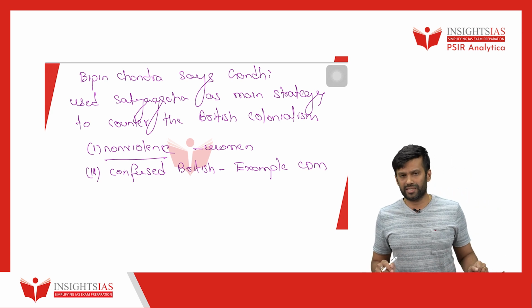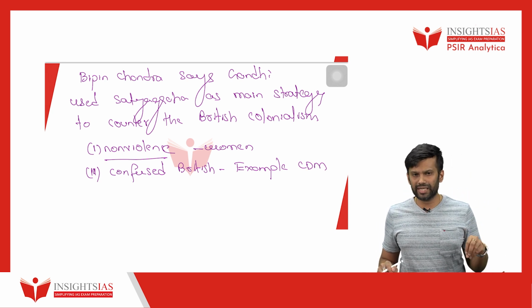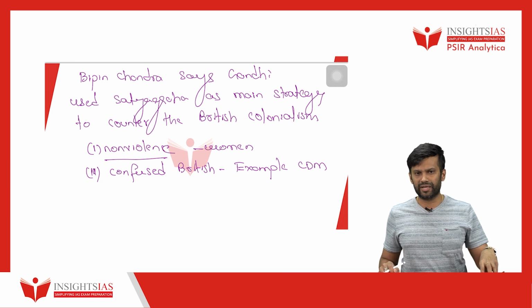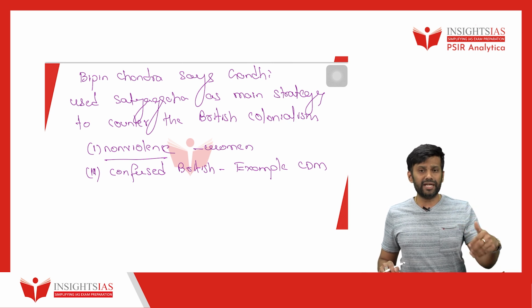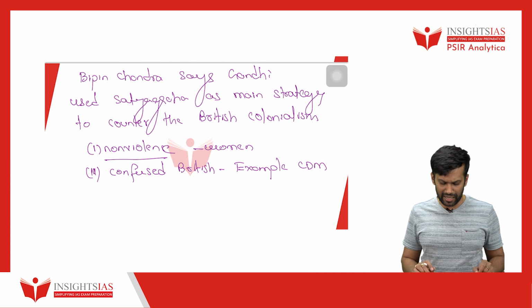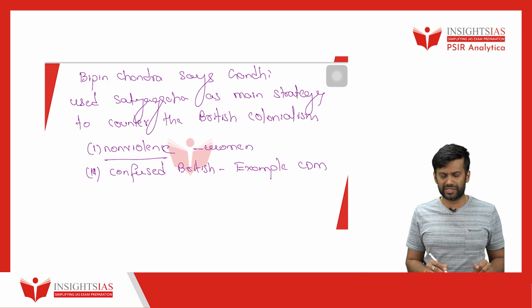When Gandhi employed Satyagraha, the British were caught in a catch-22 situation. If they used force against non-violent people, the whole world would have claimed it was a grave human rights violation, and the British going against the very principles they stood for as a liberal state. Secondly, if they didn't react, Gandhi would have claimed moral victory over the British.